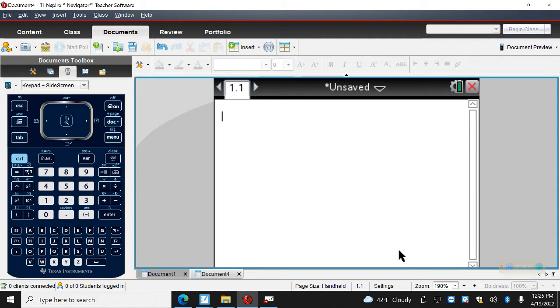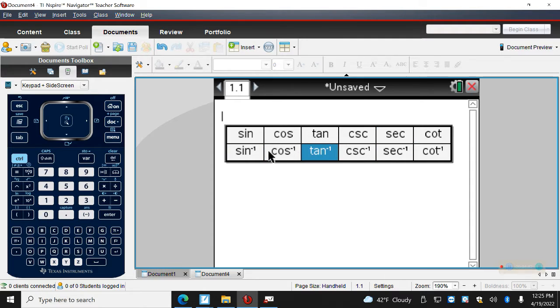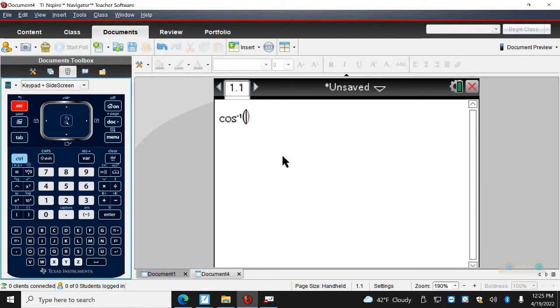Okay? So I'm going to come over here. I'm going to type trig. I want the cosine inverse. Okay? And then I'm going to hit Control Division key. So I have a fraction right away. And my value was 8 squared plus 12 squared minus 6 squared.